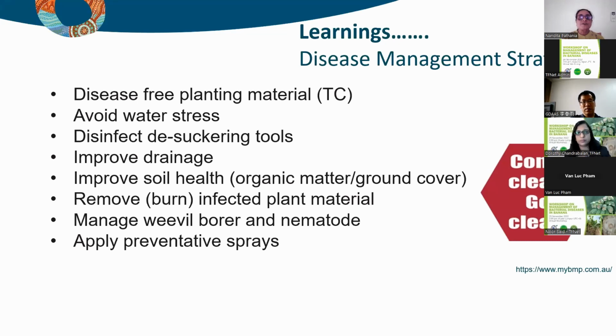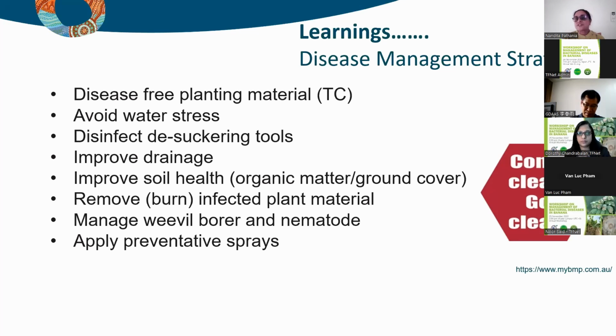These include using disease-free planting material, that is tissue culture plants, avoiding water stress during warm and dry conditions, disinfecting desuckering tools, improving drainage of waterlogged areas of the plantations, improving soil health using decomposed organic matter or ground cover, removing infected plant material, managing weevil borer and nematode damage, and applying preventative sprays.